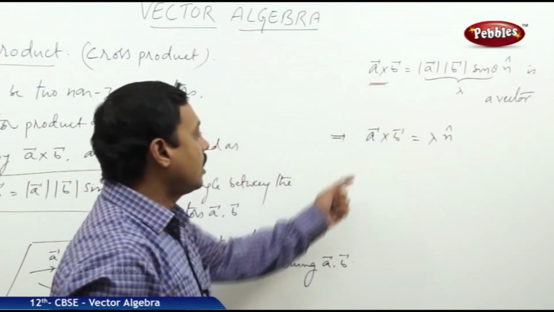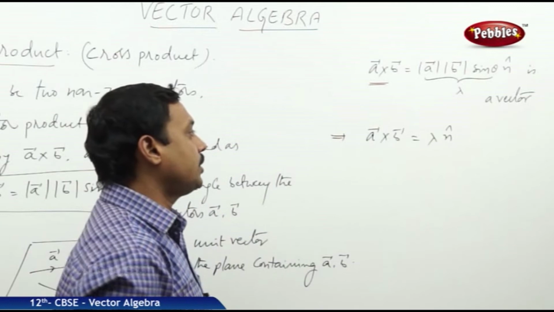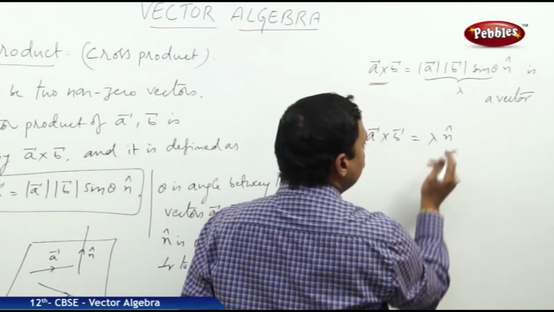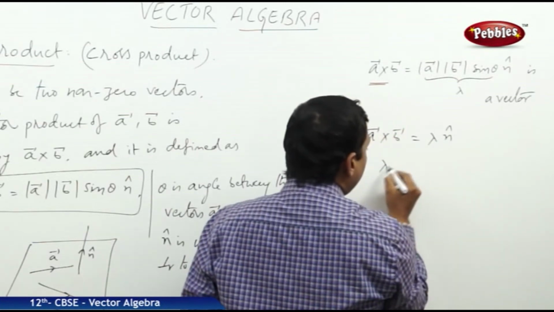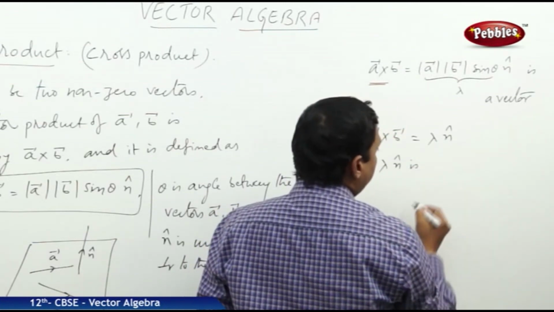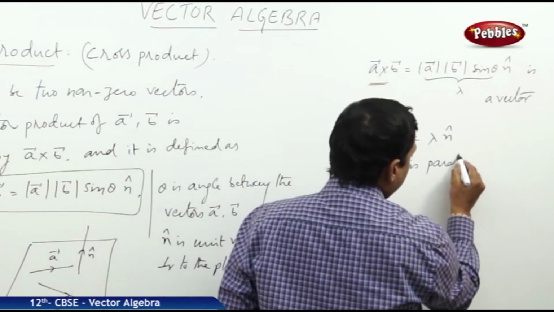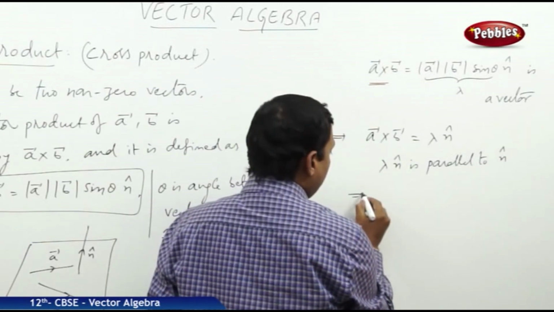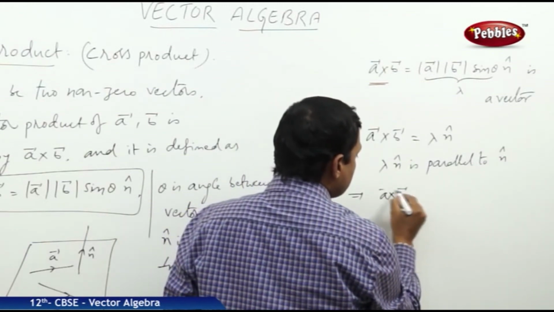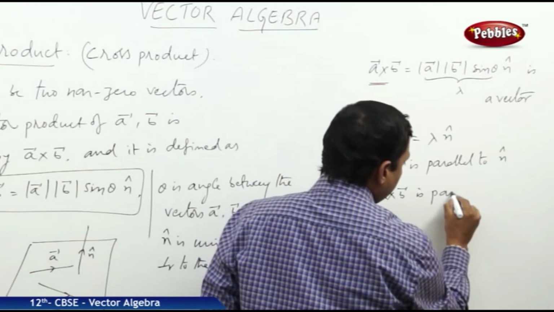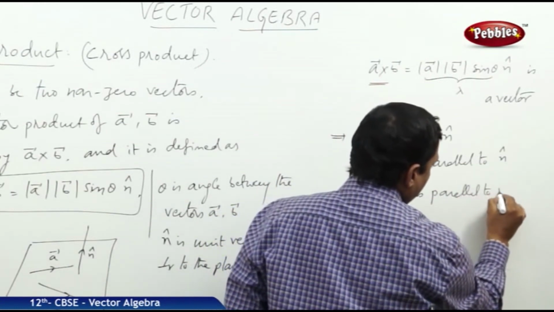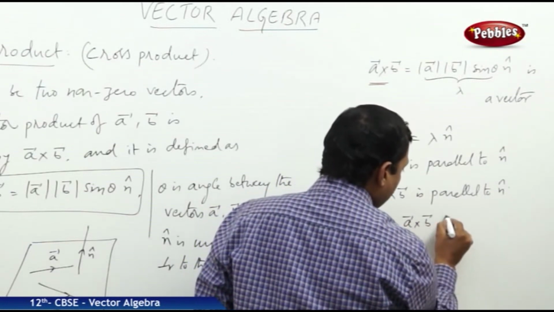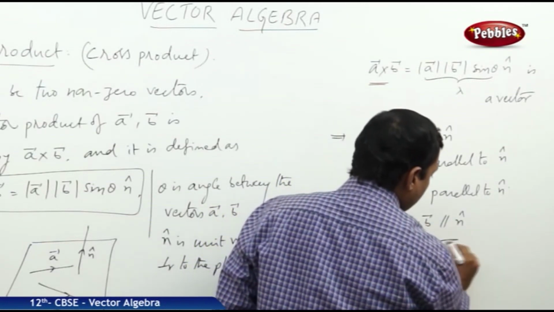Lambda into n cap is always parallel to n cap. Therefore, A cross B is also parallel to n cap. Hence, the cross product of two vectors is always parallel to n cap.